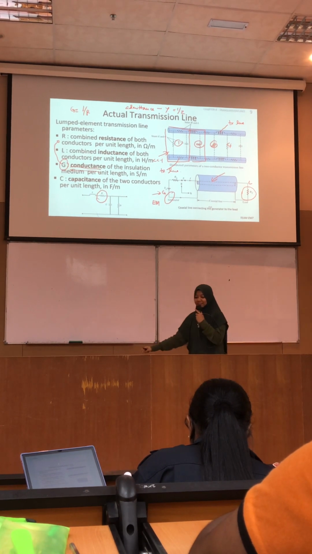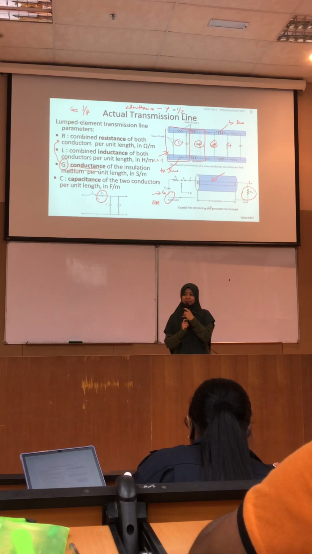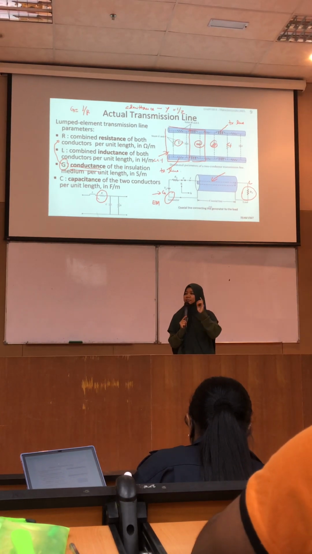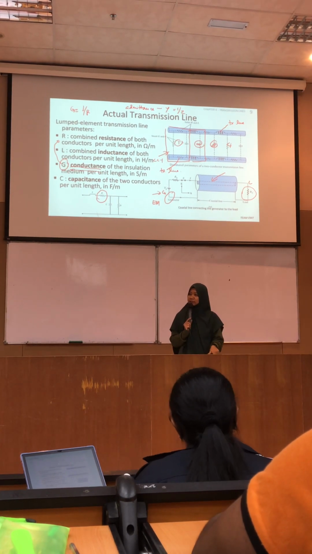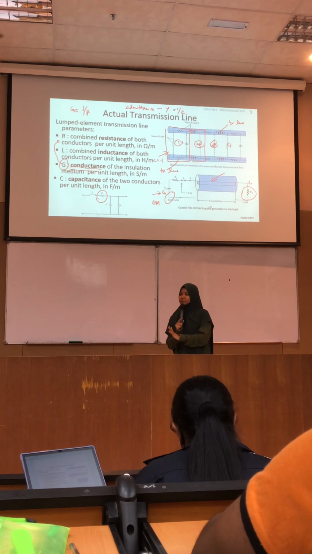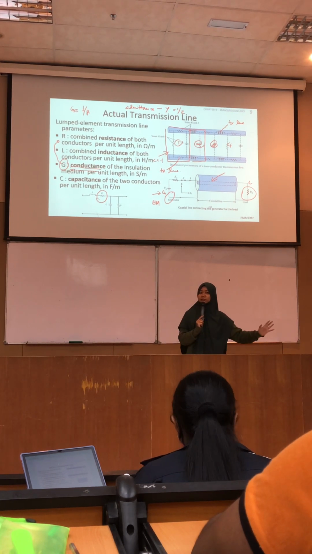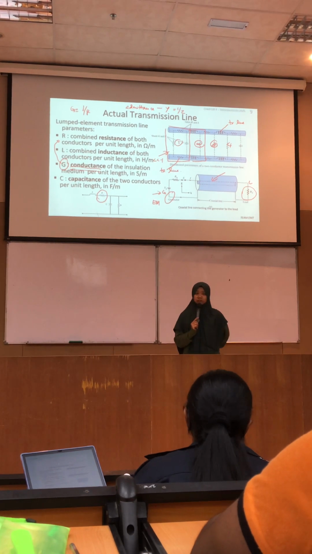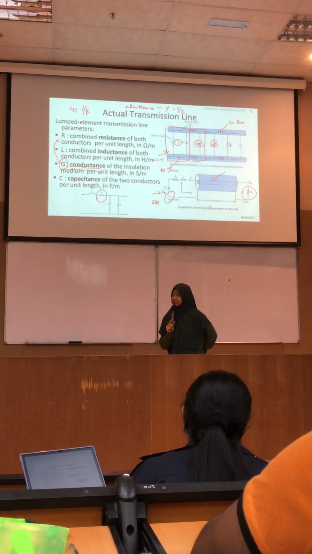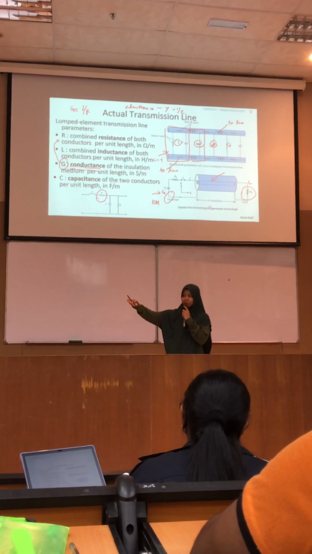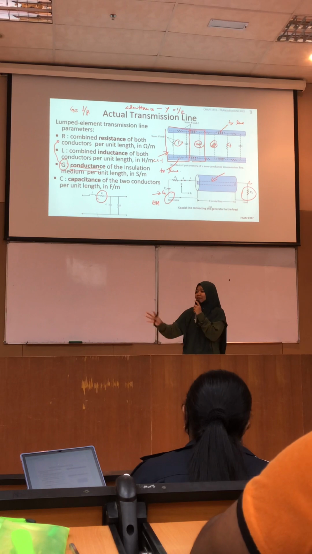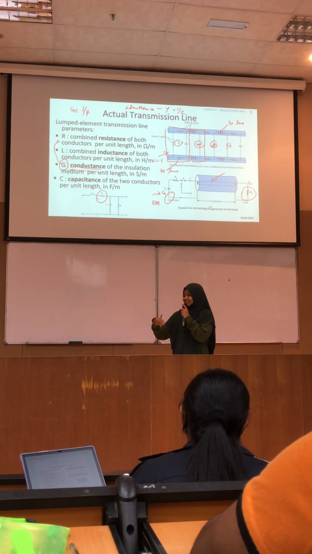Good. Supply. But which part is basically related to the AC? R, L and C? Which part is related to AC? All, or only L and C? All. R, L and C. All. Does everyone understand? All means all. R, L and C are related to AC.